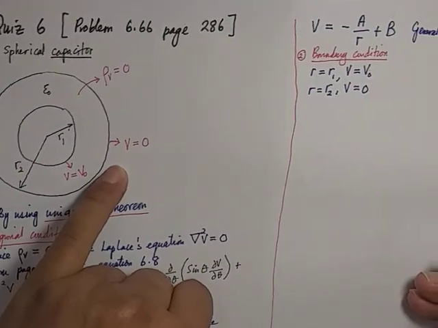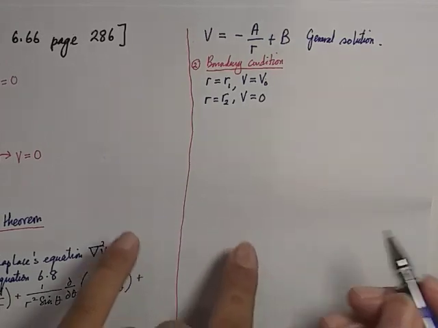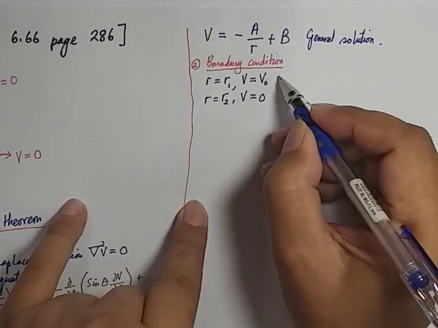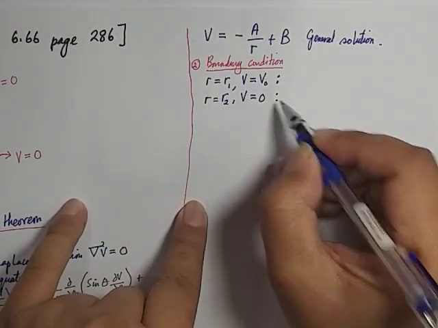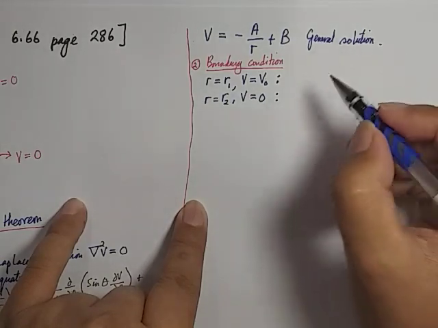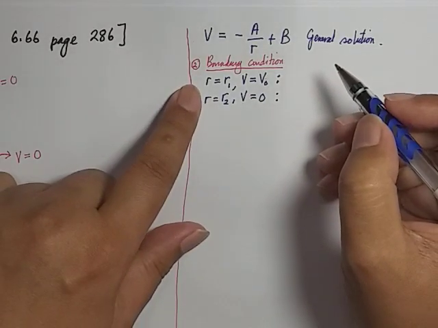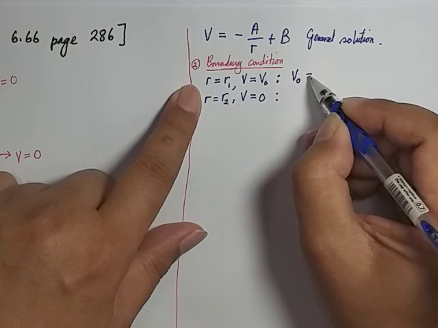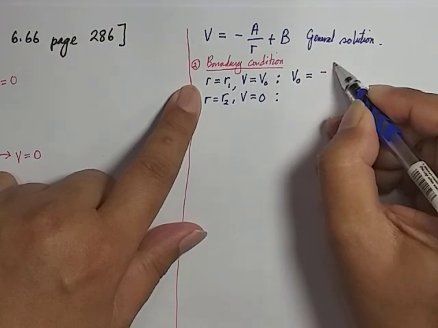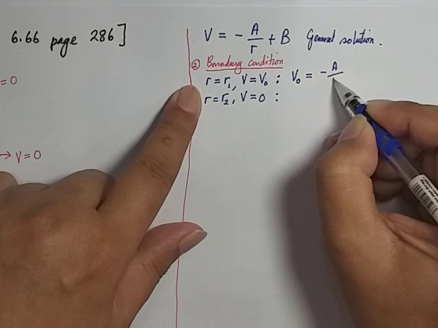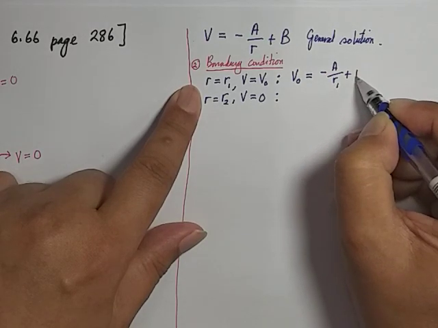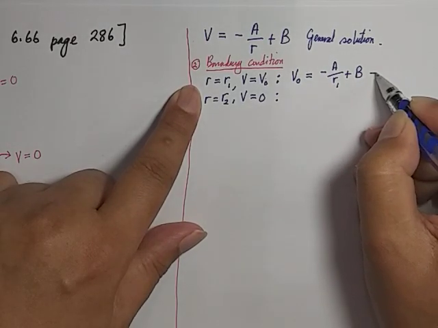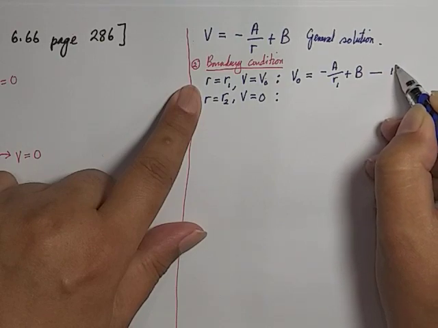So from there, what we can say first, based on our general solution, for the first boundary condition, we can see V0 equals minus A over R1 plus B. Let's say this is our equation 1.